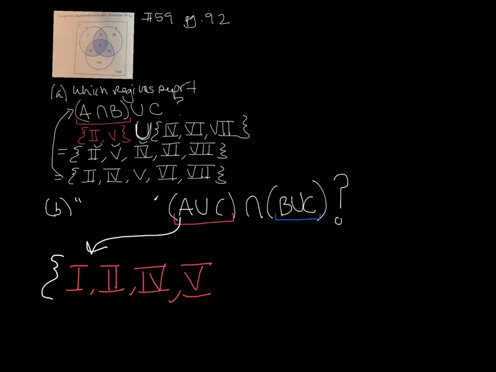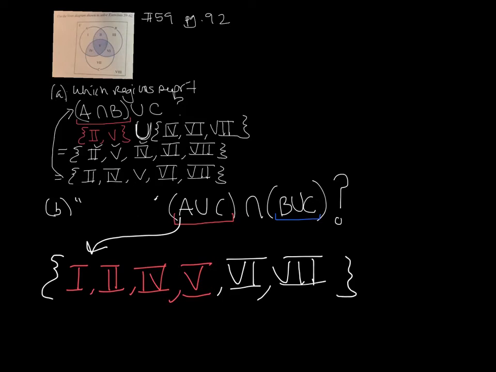Okay, that's set A. Now if I union it with C, what's set C? Here's set C, and it has 4 and 5, but I already wrote 4 and 5, so I don't have to repeat it. So I have 6 and 7. I'll write in white maybe 6 and 7. Okay, that's what the first set is.